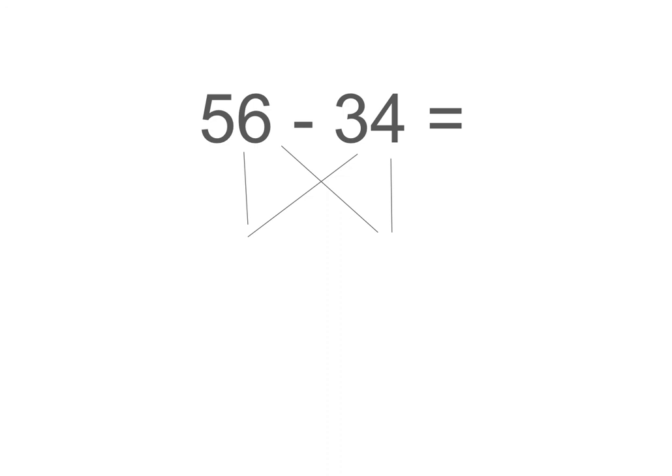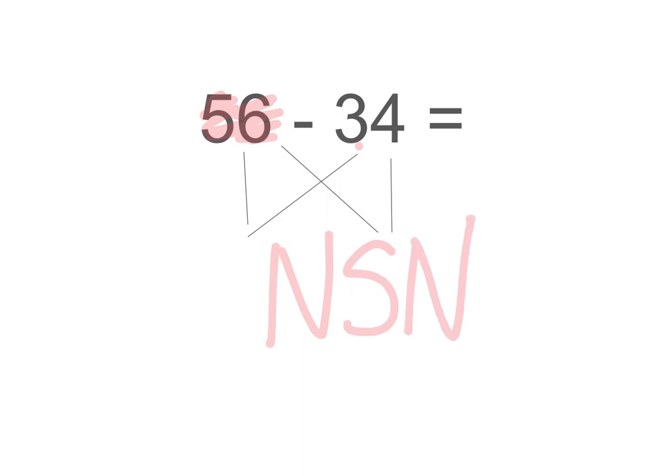56 minus 34. All right, highlight your bigger numbers. Oh, there's our 50, which is bigger than our 30. There's our 6, which is bigger than our 4. So yes, this is an NSN. We don't need to do any work. We can subtract. 50 minus 30 is 20. 6 minus 4 is 2.